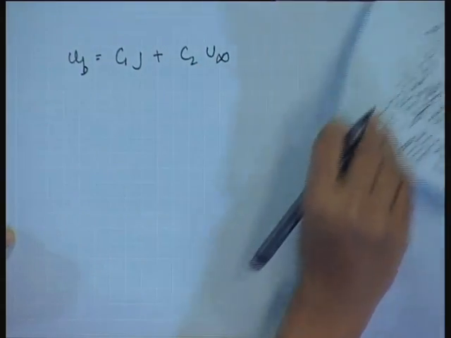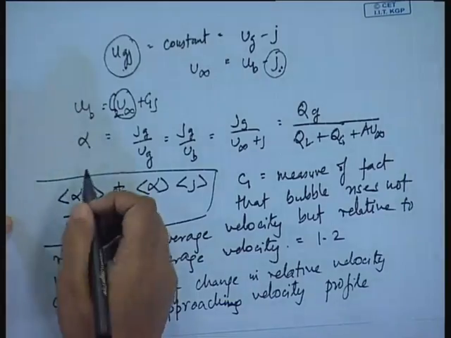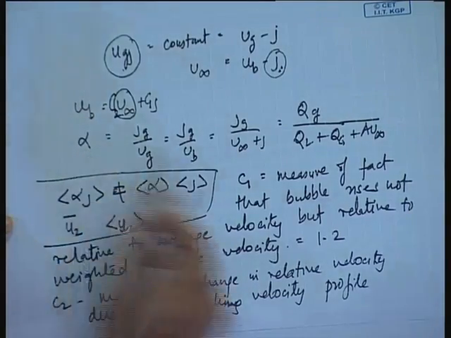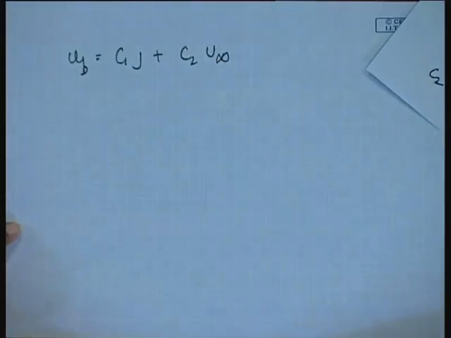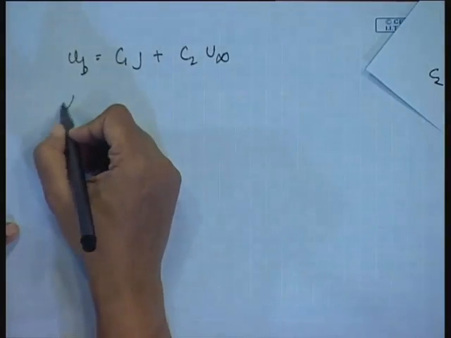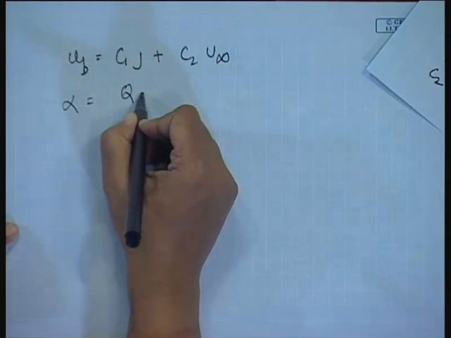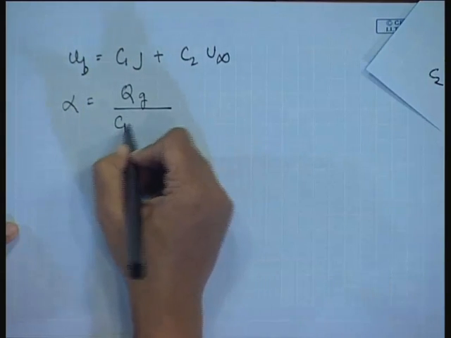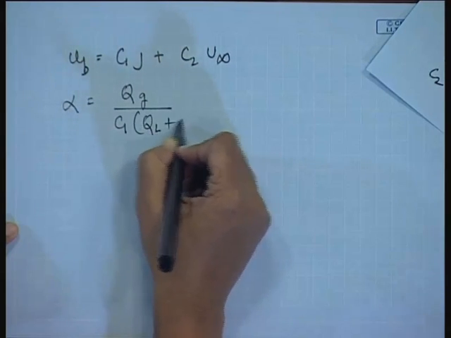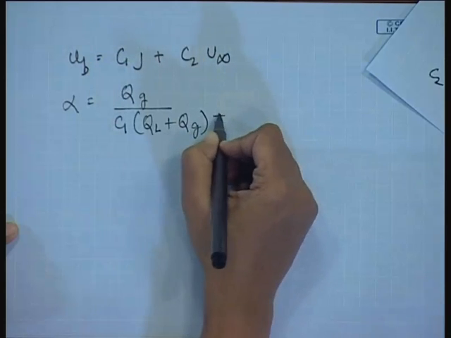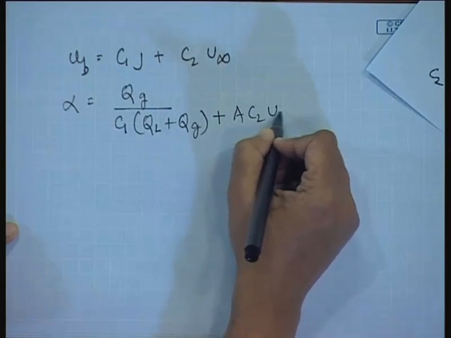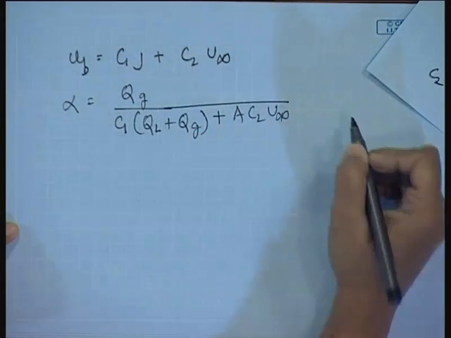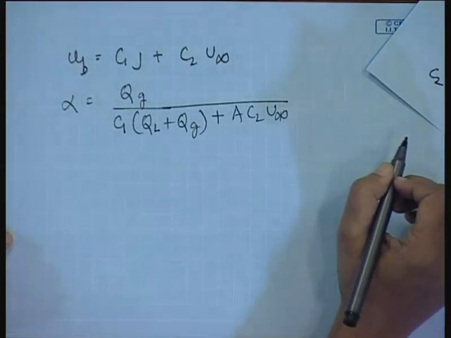Now, if we substitute this expression of UB into the expression of alpha, what do we get? We get alpha equal to QG by C1 (QL plus QG) plus A C2 U infinity. This is the corrected expression, isn't it?